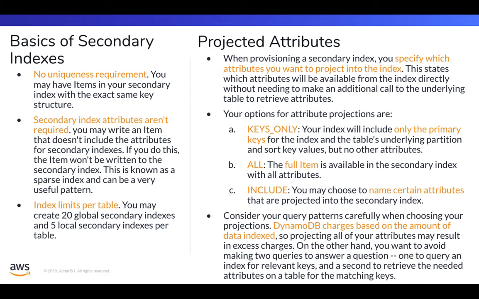There are three attribute projections we can use. We can say keys only if you want just the keys, and we could use all. When you say all, the full item would be indexed. And when you say include, and add certain attribute names, only those attributes would be projected in the secondary index.